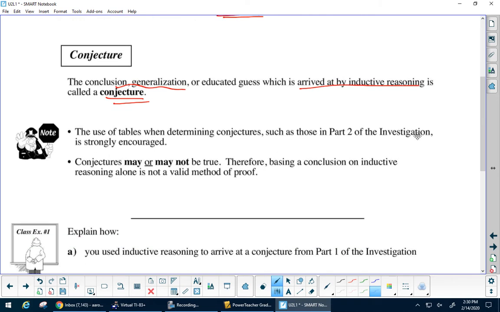So this is super important, you guys. Conjectures may or may not be true. In fact, some are complete lies. Sometimes people just get these ideas in their heads because maybe their parents told them that, right? Anytime there's racism or things like that, people get stuff put in their head that's not even true, but they just believe it to be true and they act off it.